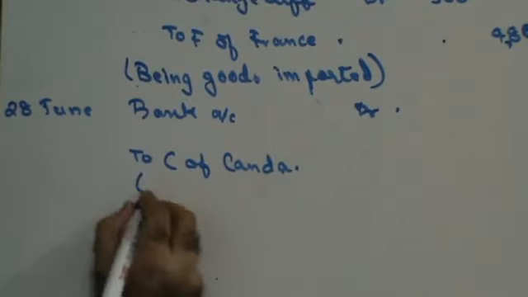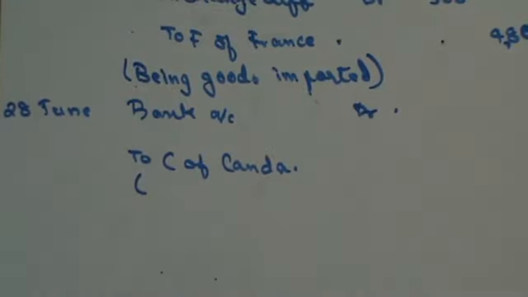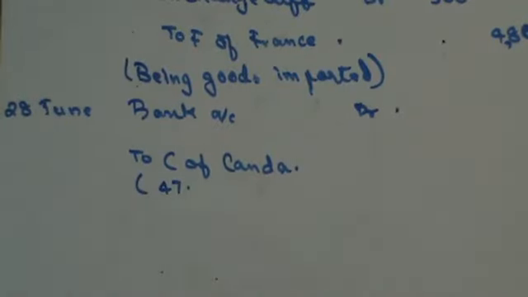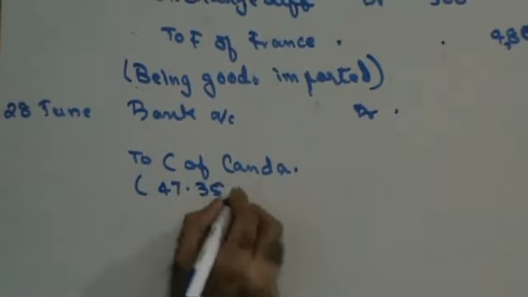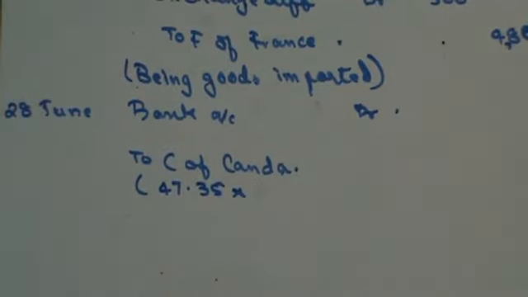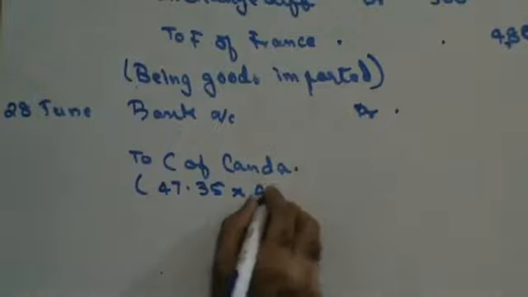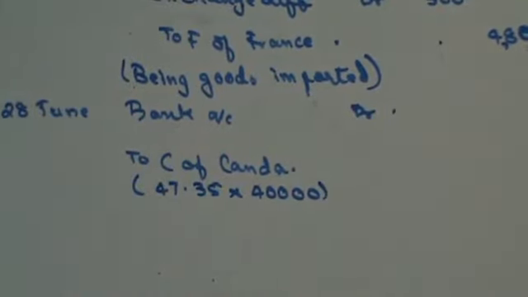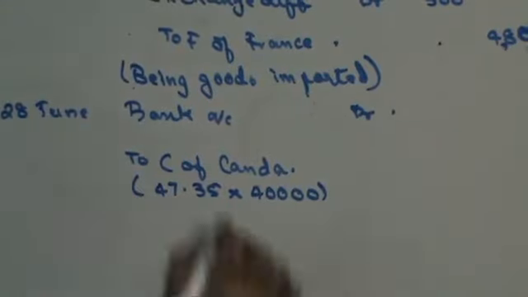Right? Now, when you had exported to Canada, you had exported at the rate of 47.35, $40,000, and then on the date of payment, the dollar rate has now become 47.6.